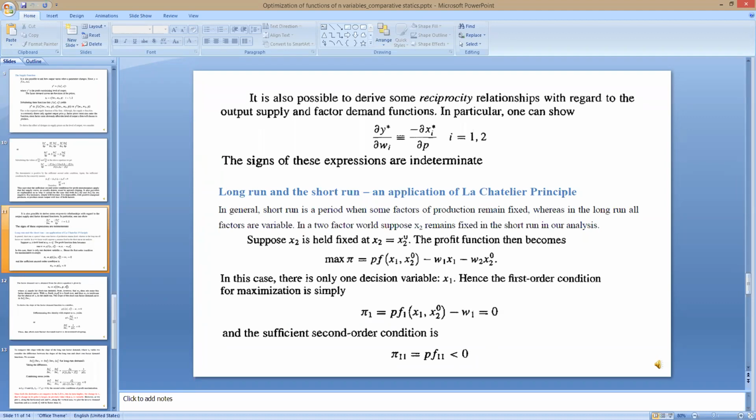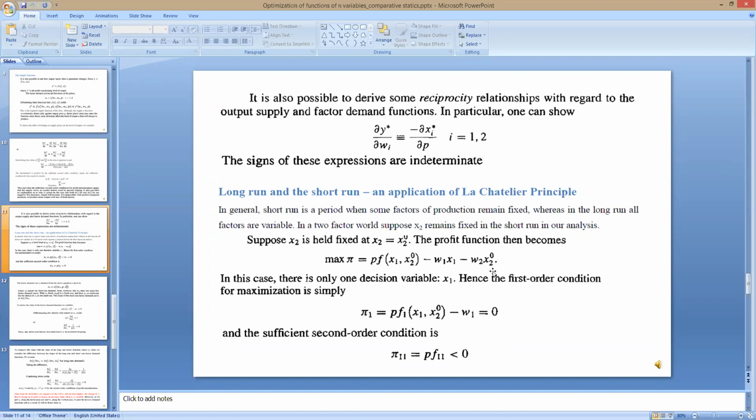So, we are rewriting the usual profit function as pi is equal to P into f of X1, X2 naught, where X2 naught is the constant part, minus W1 X1 minus W2 X2 naught.